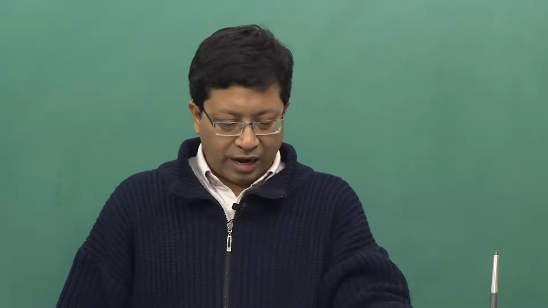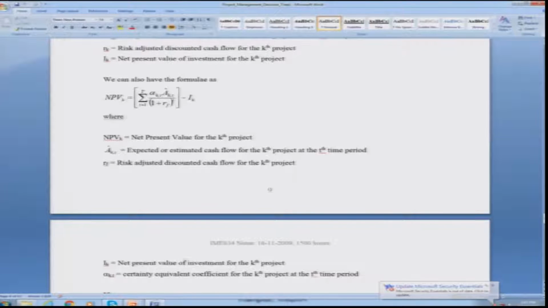Again, I k is the net present value of the investment, A k is the expected or estimated cash flow coming back, R f is the risk free interest rate, and alpha k t is the certainty equivalent.